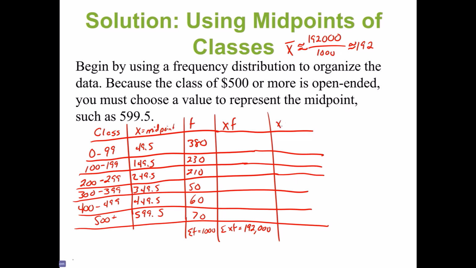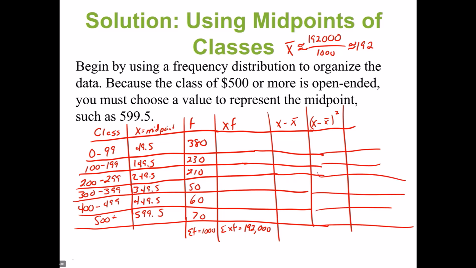But then same idea. So you do your data value minus the mean, data value minus mean squared, and data value minus mean squared times the frequency. And then add all those up to get your sum of squares, which in this case ends up being 25,668,750.